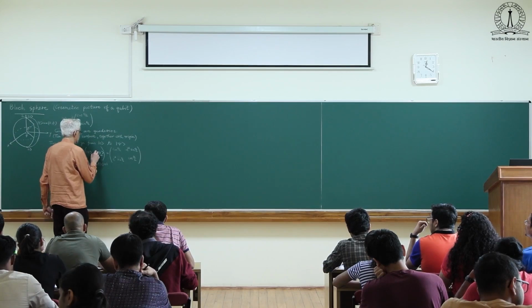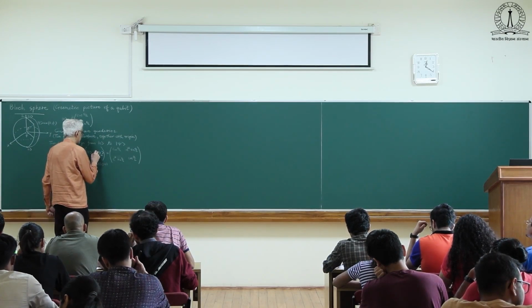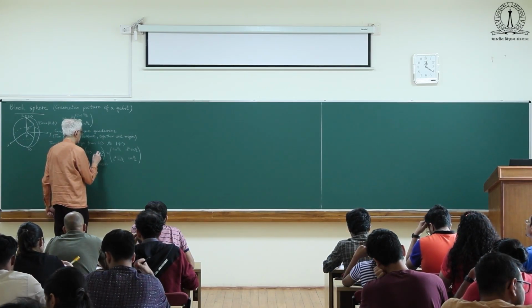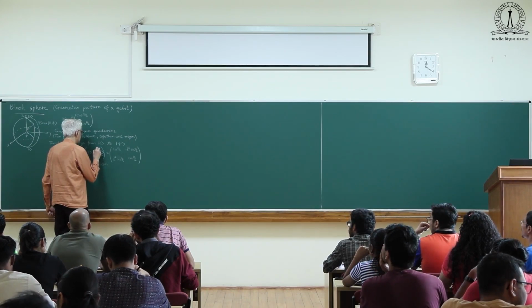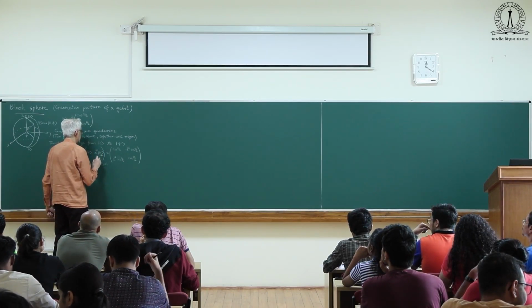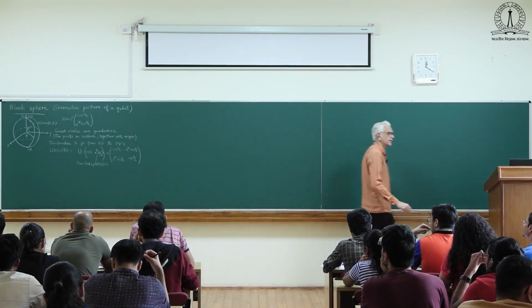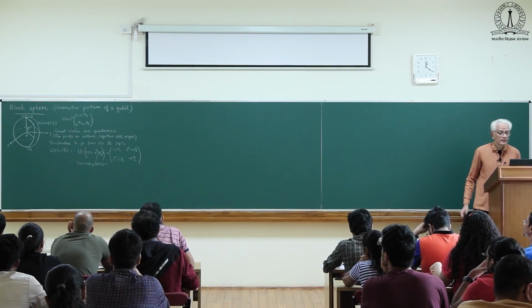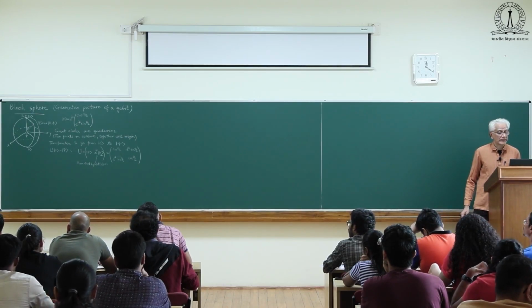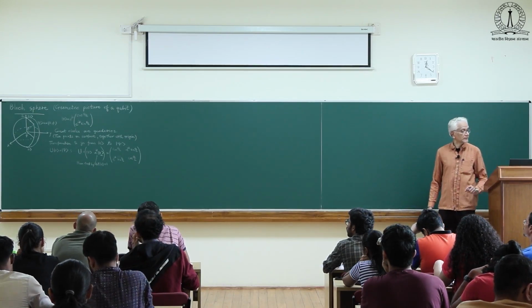This turns out to be this, and if you look at the vector I wrote down last time, it is multiplied by minus e raised to minus e phi. Okay.